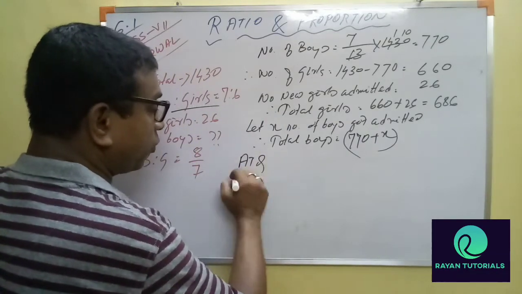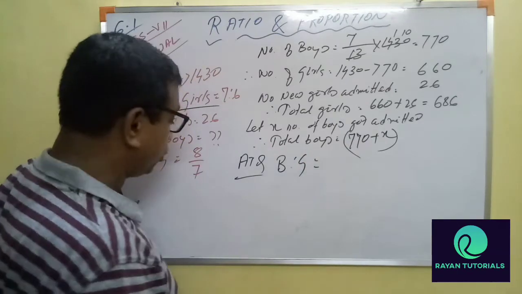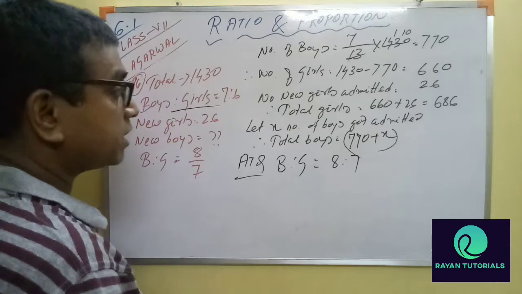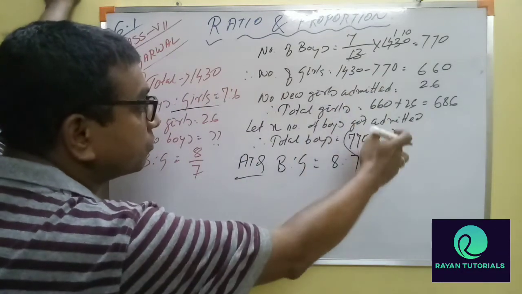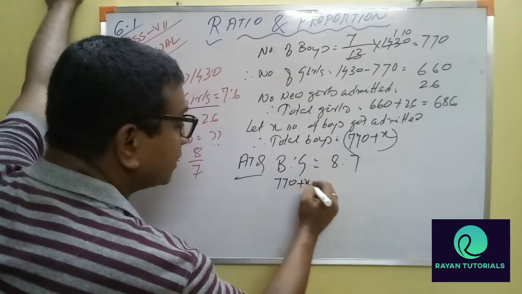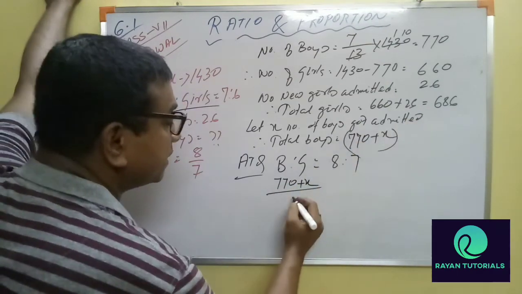Now, according to the question, this boys to girls ratio is 8:7. Boys how much? 770 plus X. By girls how much? 686.